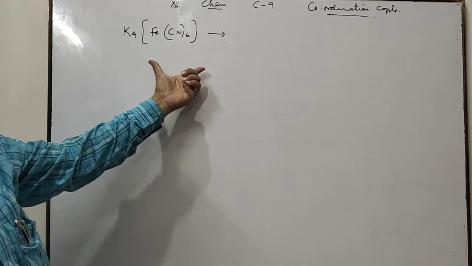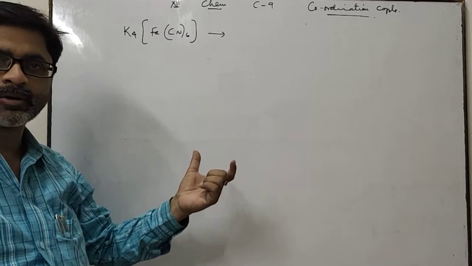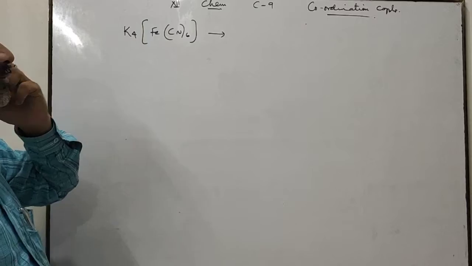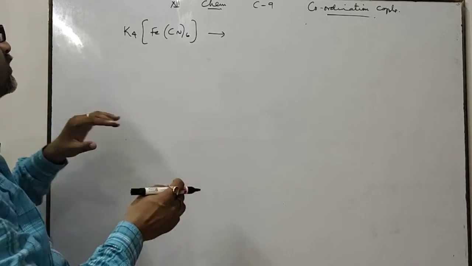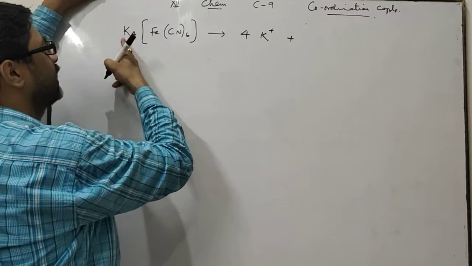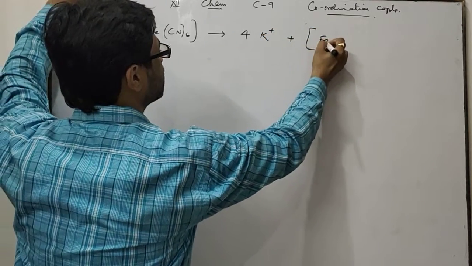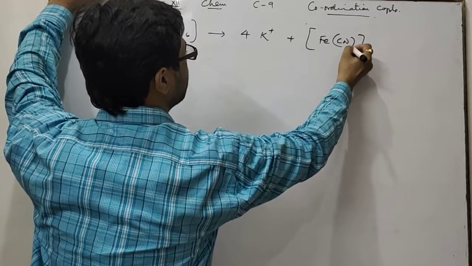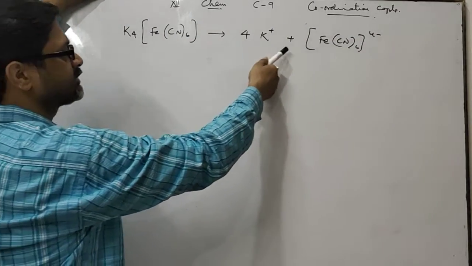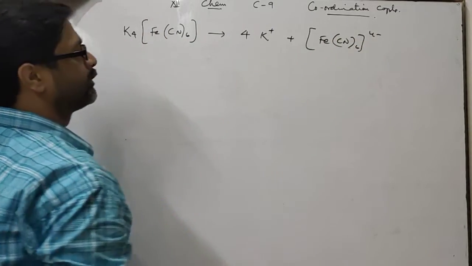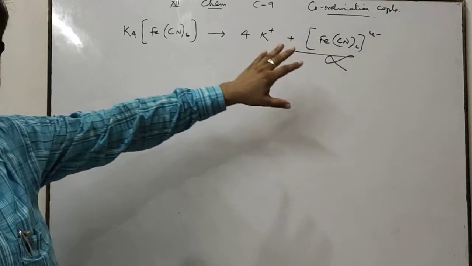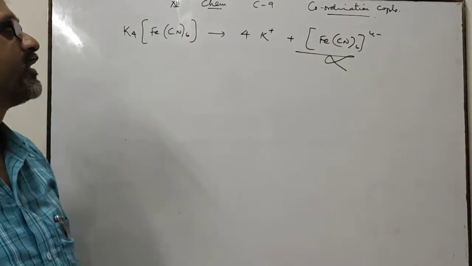This big bracket is known as a coordination sphere, or you can say coordination entity. In this bracket, that part is written which cannot be dissociated. After breaking, we get 4K+, and this figure remains as such, [Fe(CN)6]4-. This cannot be hydrolyzed. This is called the coordination entity.